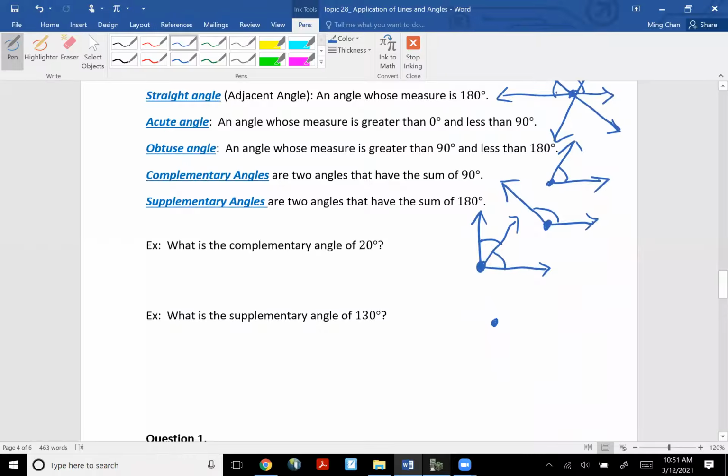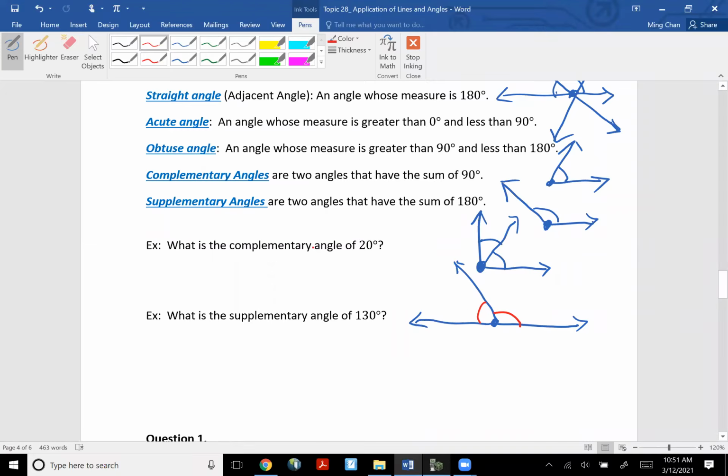If I already have a straight angle, and that straight angle is divided into two different angles, then we can say these two angles are supplementary angles, and they have a sum of 180 degrees.